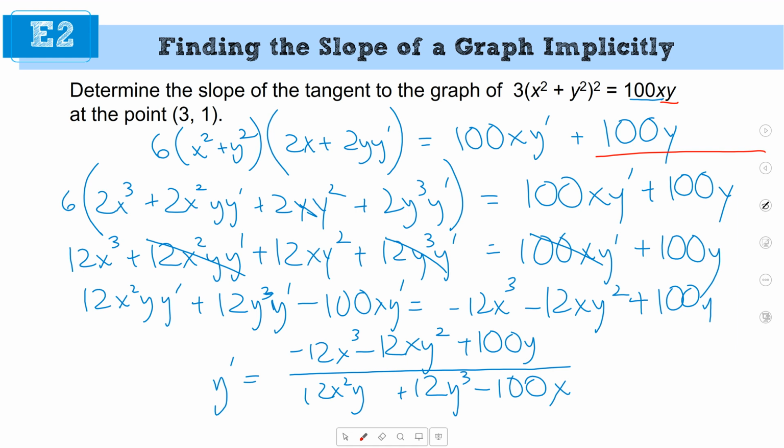So for instance, we would have 6 times 10 times the quantity 6 plus 2y prime equals 300y prime plus 100. Solve that monstrosity, y prime.